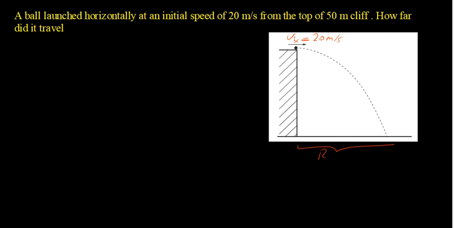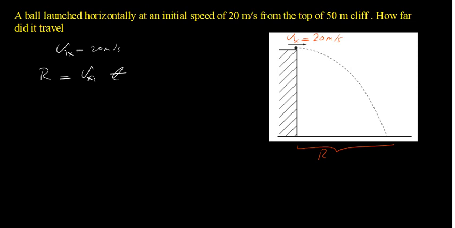So let's find it. I have the initial x direction velocity, which is 20 meters per second. To calculate the range, or the horizontal distance, I need the initial horizontal velocity multiplied by the total time in air. Now, I don't know how much is the time needed for this object to hit the ground.